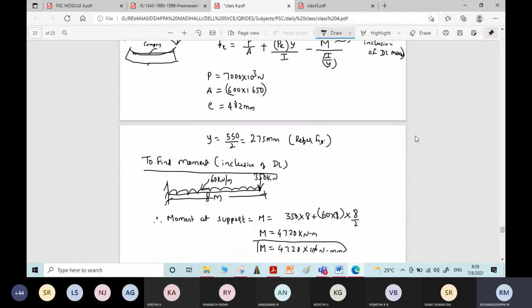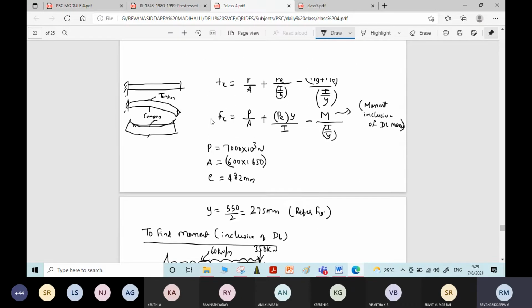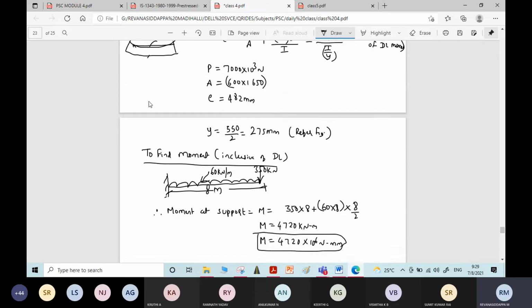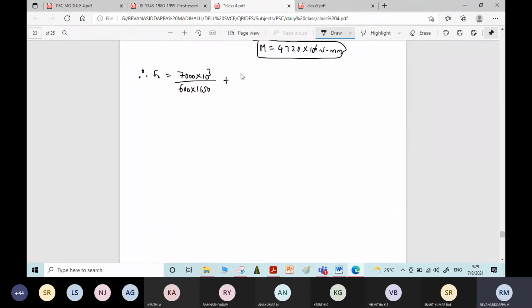Just find fx now. Fx is equal to P by A. P is 7000 kilonewton, so 7000 into 10 power 3 divided by area, which is 600 by 1650. Then plus P e into y divided by I, where P is 7000 into 10 power 3 into eccentricity.